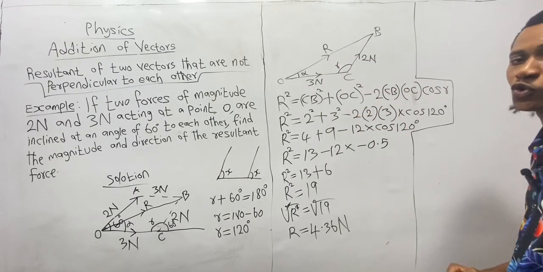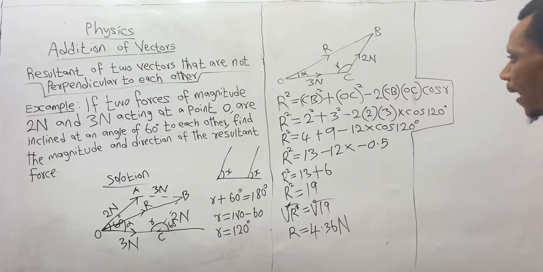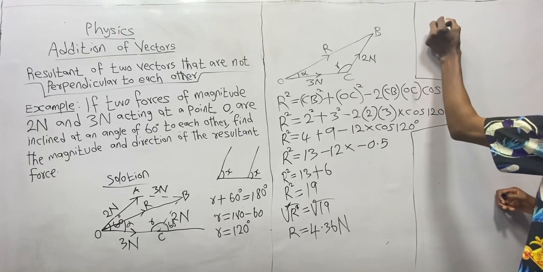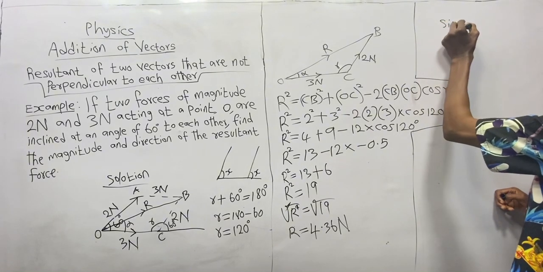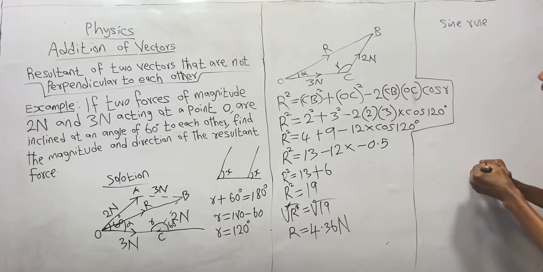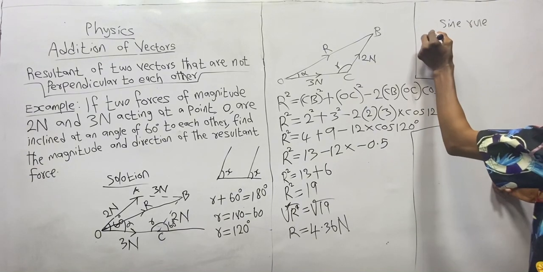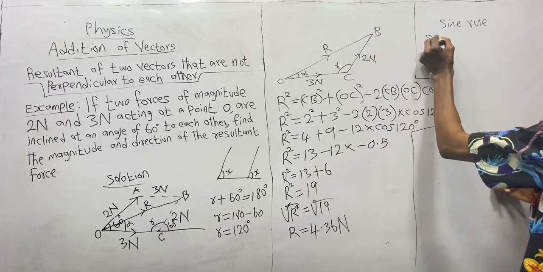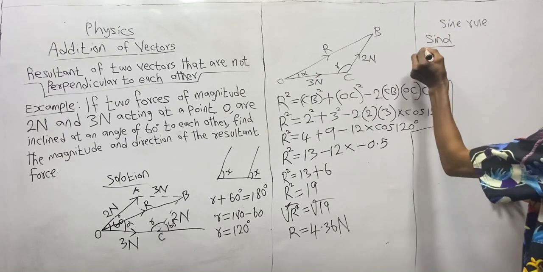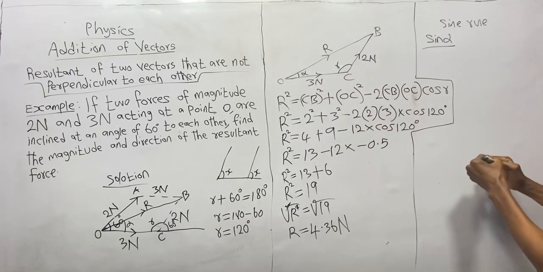Alpha, you use what we call the sine rule. And the sine rule says that the sine of the angle you are looking for, which is alpha, divided by the side that is facing the angle, which is what?